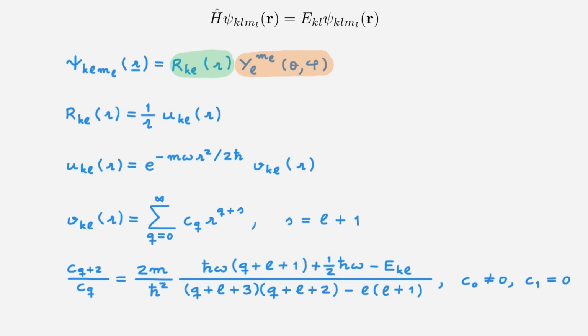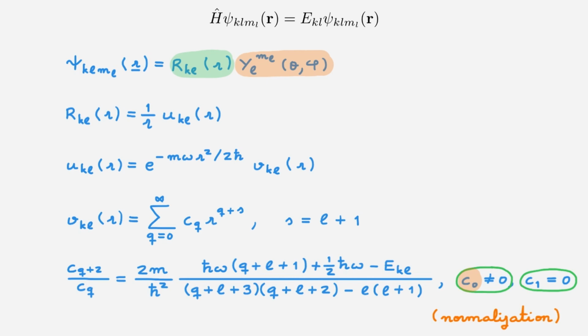And all other expansion coefficients can be constructed from these two using the recurrence relation, and in particular, as c_1 vanishes, we can immediately conclude that all odd expansion coefficients must also vanish. For the even expansion coefficients, we will always be able to write them in terms of c_0. So we can then complete the solution, fixing c_0 by normalization of the wave function.